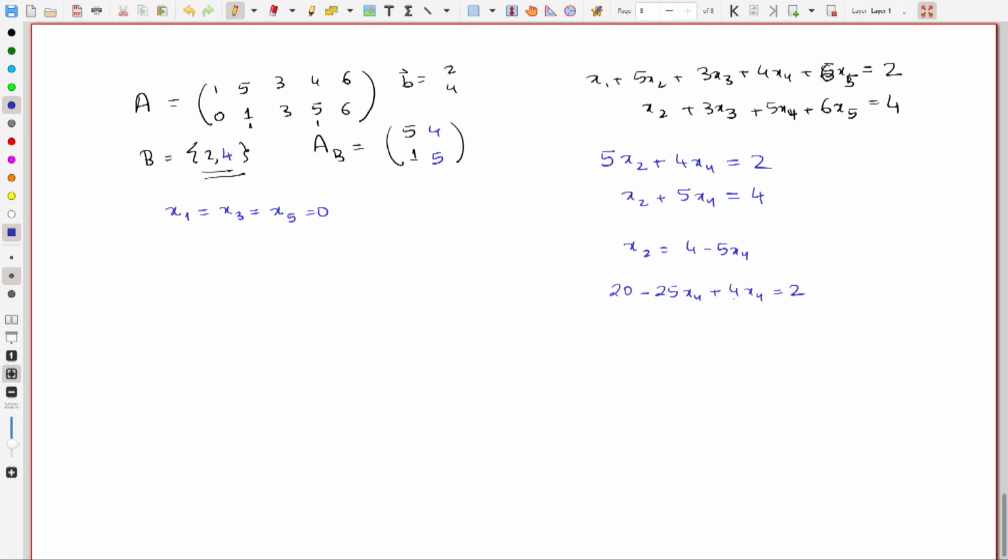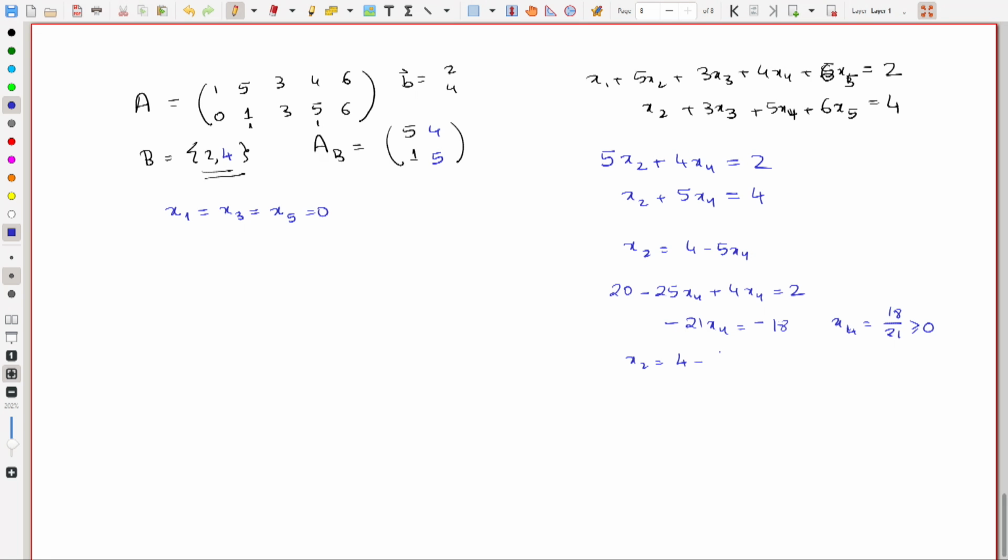Minus 5 plus this is okay. So, both are negative. So, this is minus 21 x 4 is equal to minus 18. So, x 4 is equal to 18 by 21, which is greater than or equal to 0, and x 2 is equal to 4 minus 5 x 4.